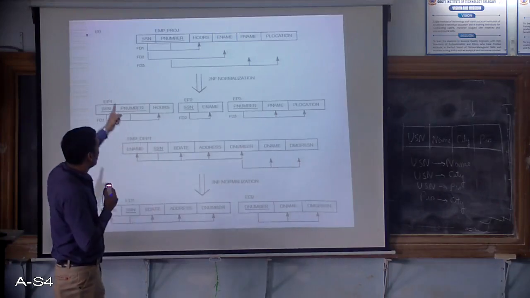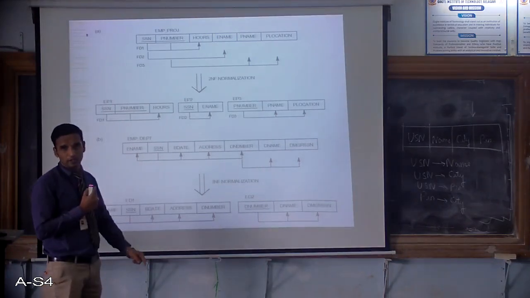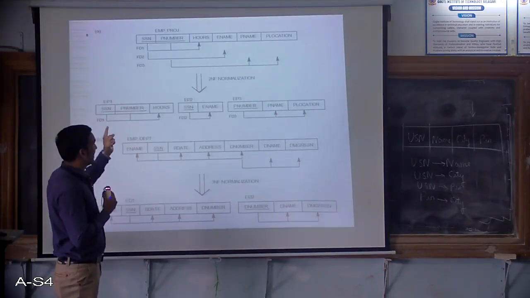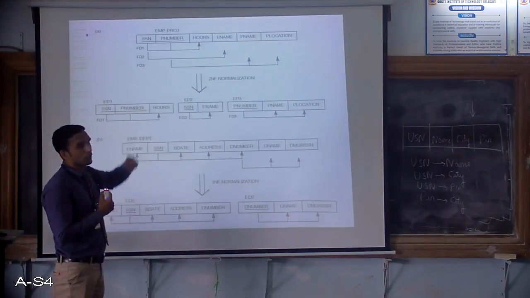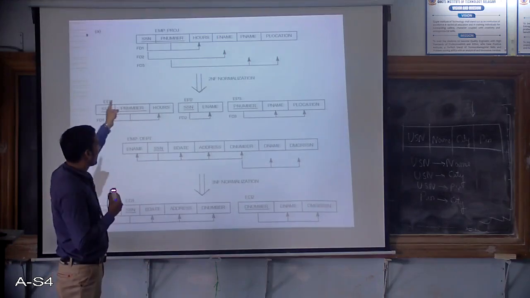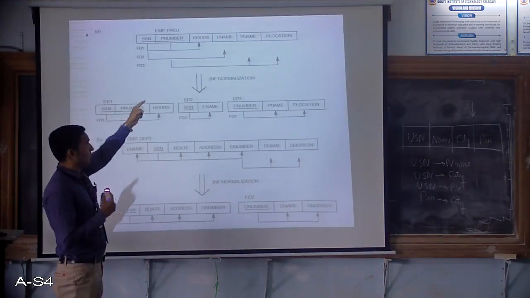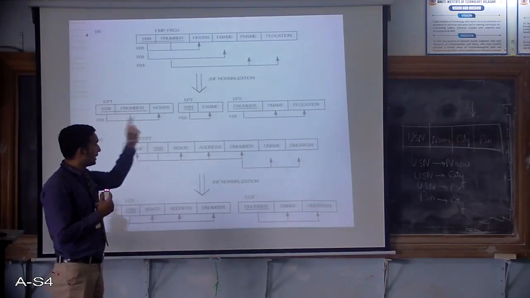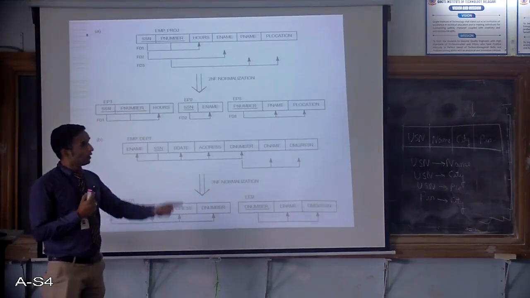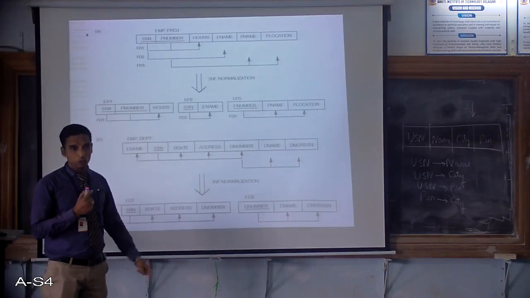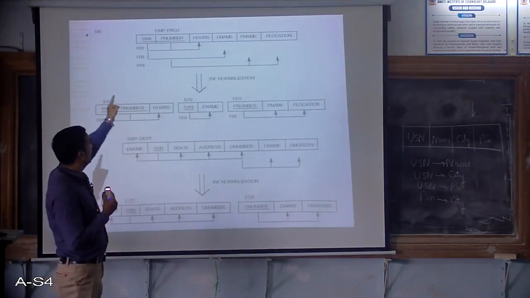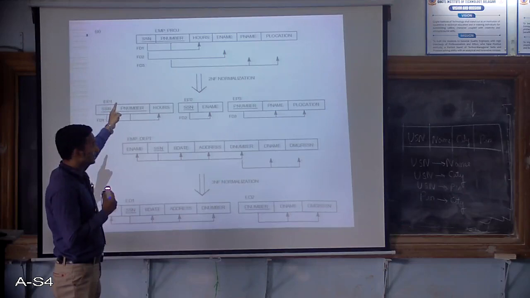Now look at this table, employee and project. It has attributes SSN, project number, hour, employee name, project name and project location. If I want to know the employee name from that entire relation, and I know only his SSN, I can tell what his name is, right? So employee name is dependent on SSN.